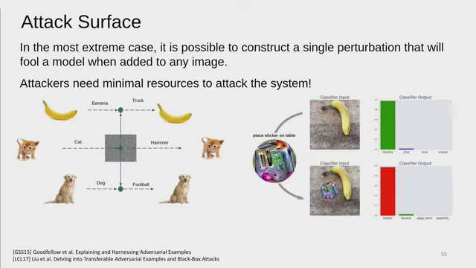In this example, the attackers created this image, like a little sticker that you could slap on any surface, and then the classifier would classify the banana as a toaster, only because this little sticker was somewhere on the image itself or slapped somewhere nearby.